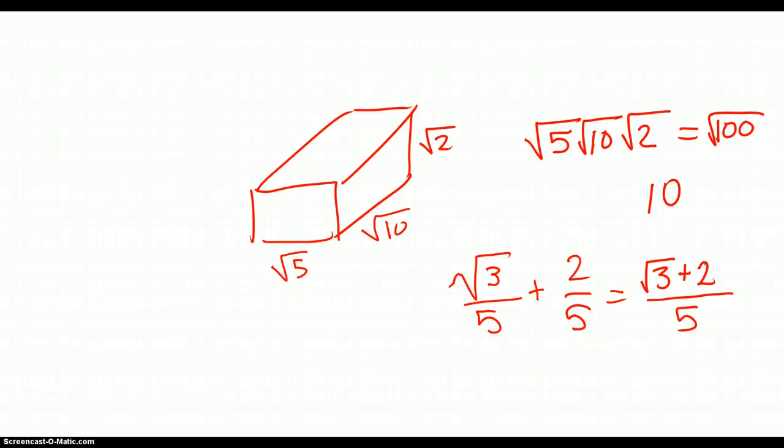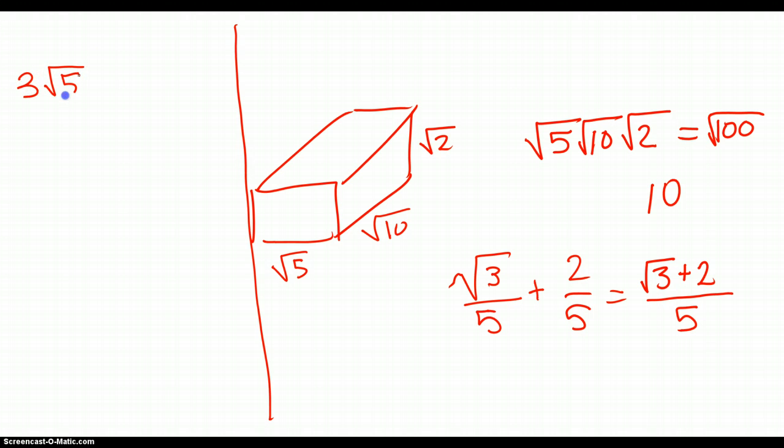There's only one more I really want to show you, and I guess I didn't leave myself another screen, so I'll do that over here. If I give you something like this, 3 square root of 5 minus square root of 45. Are those two like terms? They're not, so I can't combine them, but hopefully this looks a little bit familiar.